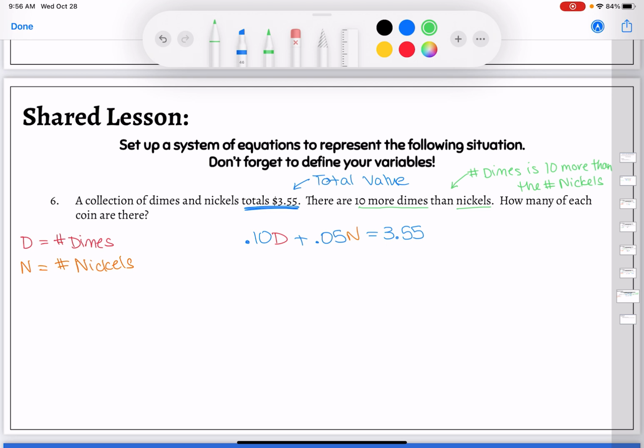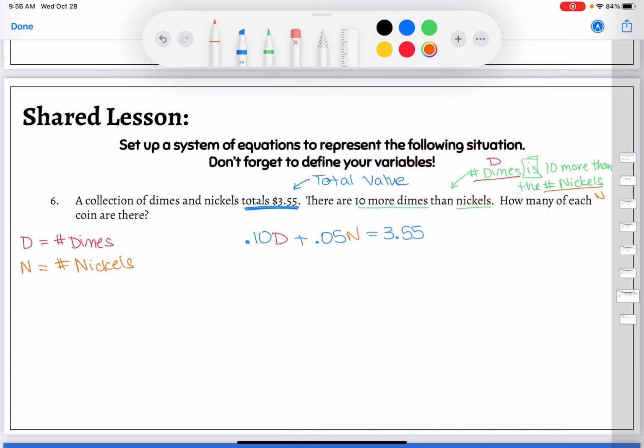So either way, if you can't rewrite it in your head and change those words around till it's a sentence that you can write an equation for, then start to think about, okay, which one has more to start with? So what do I have to add to get them to be at the same level? All right, so here, the number of dimes, so that was D, is 10 more than the number of nickels.